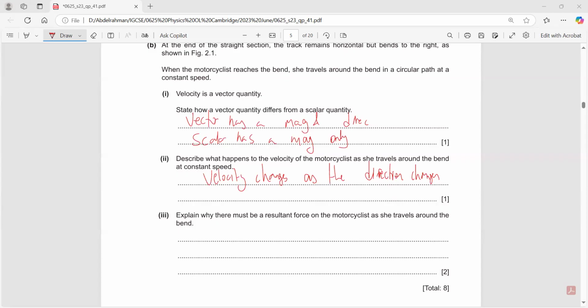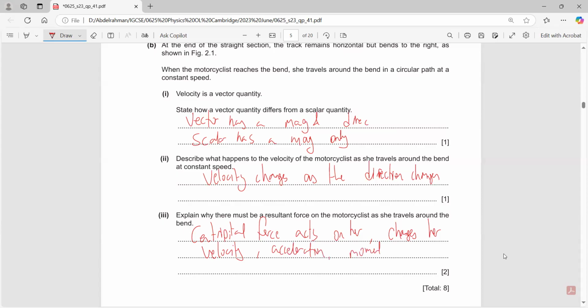As this force acts on her, she's accelerating, changing her momentum and her velocity as she's going through this curve.